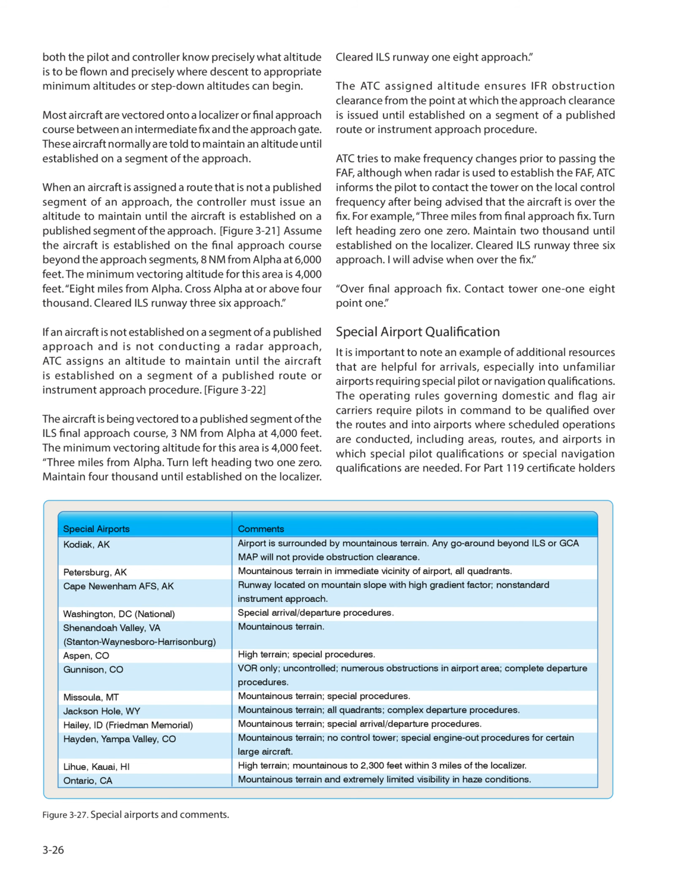For Part 119 certificate holders who conduct operations under 14 CFR Part 121, Section 121.443, there are provisions in op specs under which operators can comply with this regulation. Figure 327 provides some examples of special airports in the United States along with associated comments.